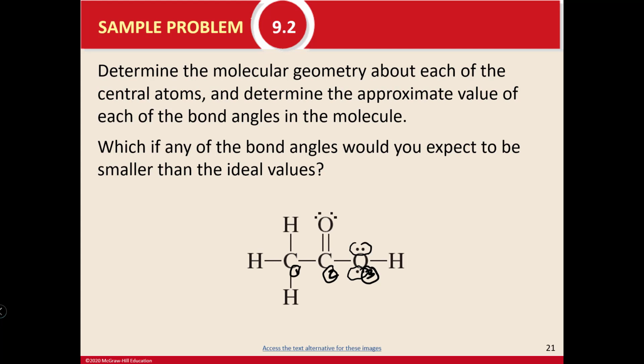So what do you mean trigonal planar? Look at this carbon right here. This oxygen and this oxygen here are all in the same plane. It's 120 degrees here, 120 degrees here, 120 degrees there. That's 360.